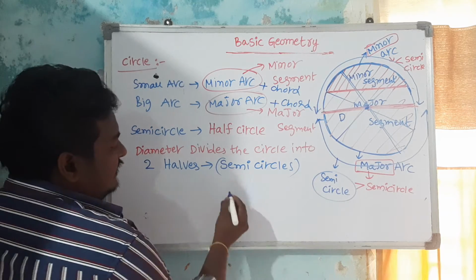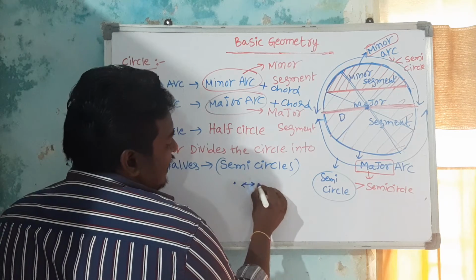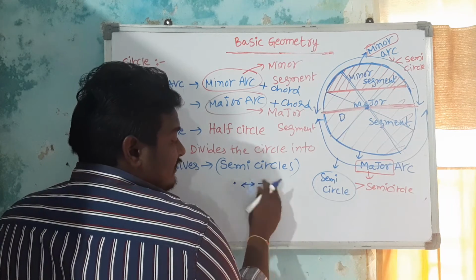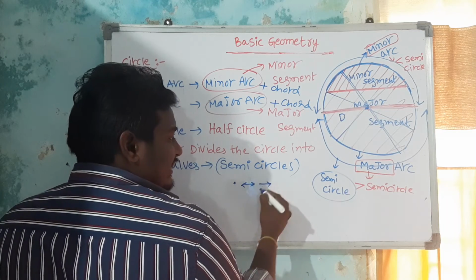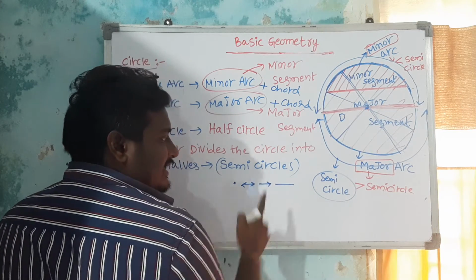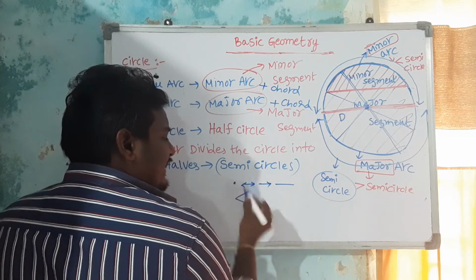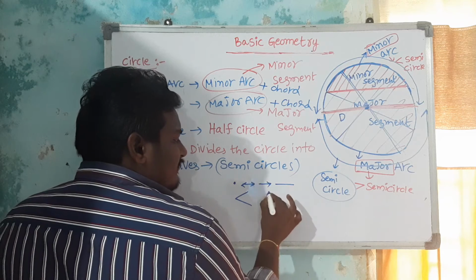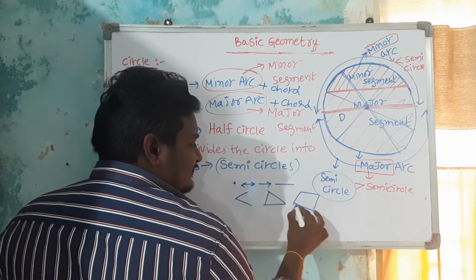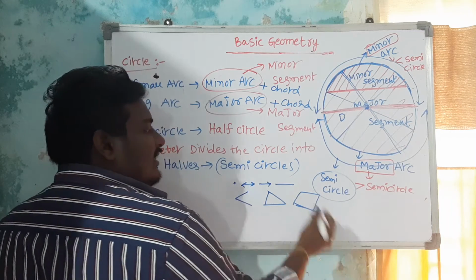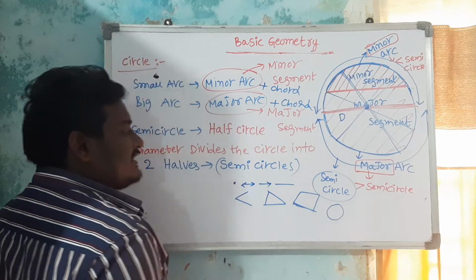From point, line segment, line to ray to angle, to formation of figures, and circle. This is the basic geometry.